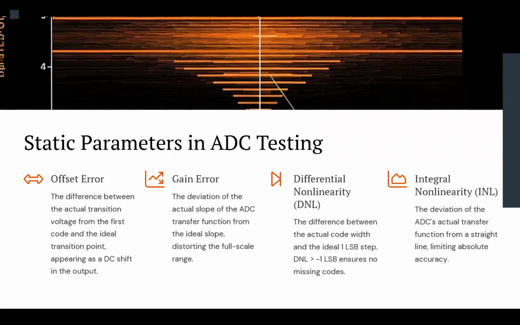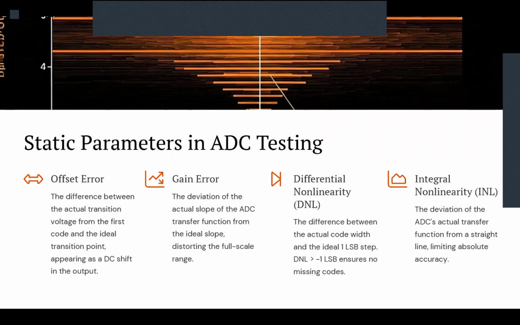So DNL is local, INL is global. A high INL degrades the absolute accuracy and is especially important in measurement and instrumentation applications.